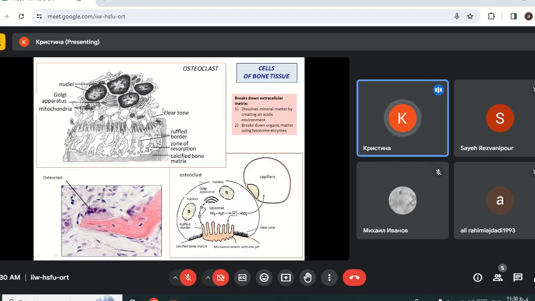And so the osteoclast, when it sits upon the surface of the bone, attaches to the bone and starts to produce H+ ions, protons. H+ ions go out from the cell to the zone of resorption, the space between the cytoplasm of the cell and the extracellular matrix.